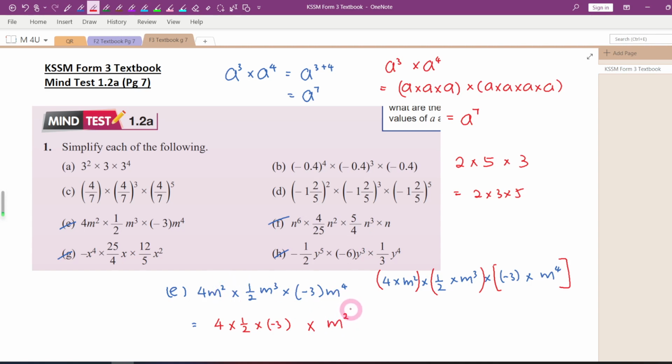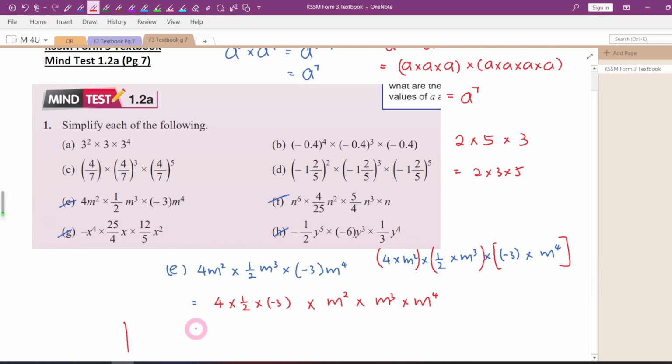So if you want to write one more step, you can write this first: m power 2, m power 3, m power 4. Okay, now this part you can just press your calculator, or you can just simplify like this, divided by 2, divided by 2. So it will be 2 times negative 3, negative 6.